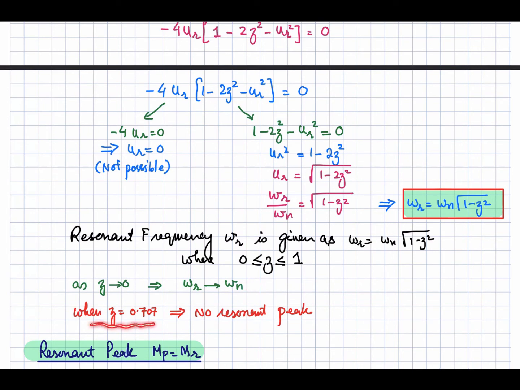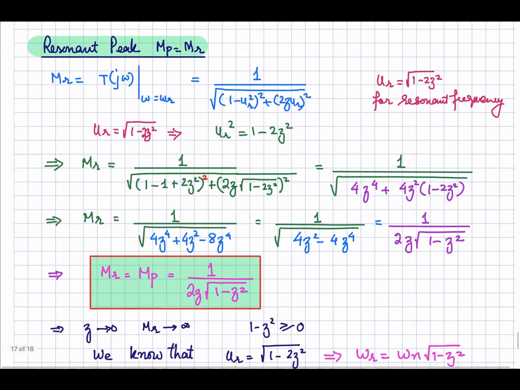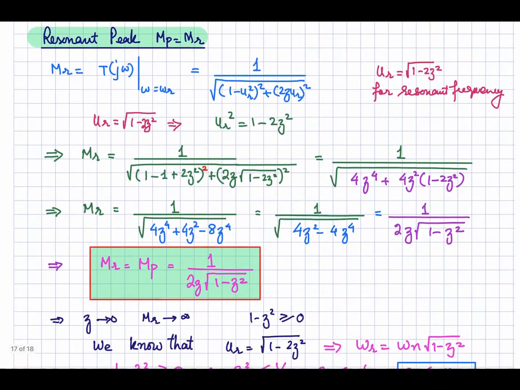When zeta is equal to 0.707, usually you will observe no resonant peak in the frequency response of your system. We will also derive this condition, that when zeta becomes 0.707, there will be no peak.